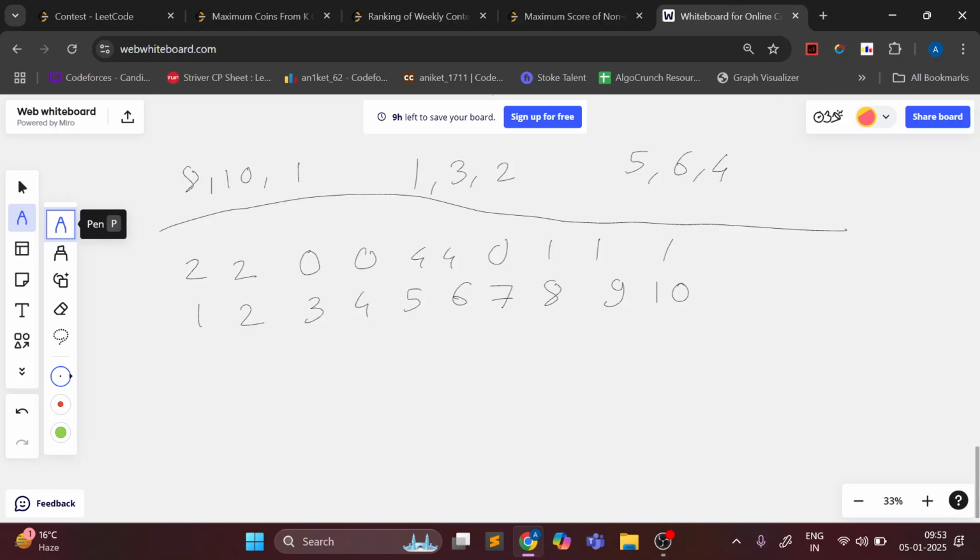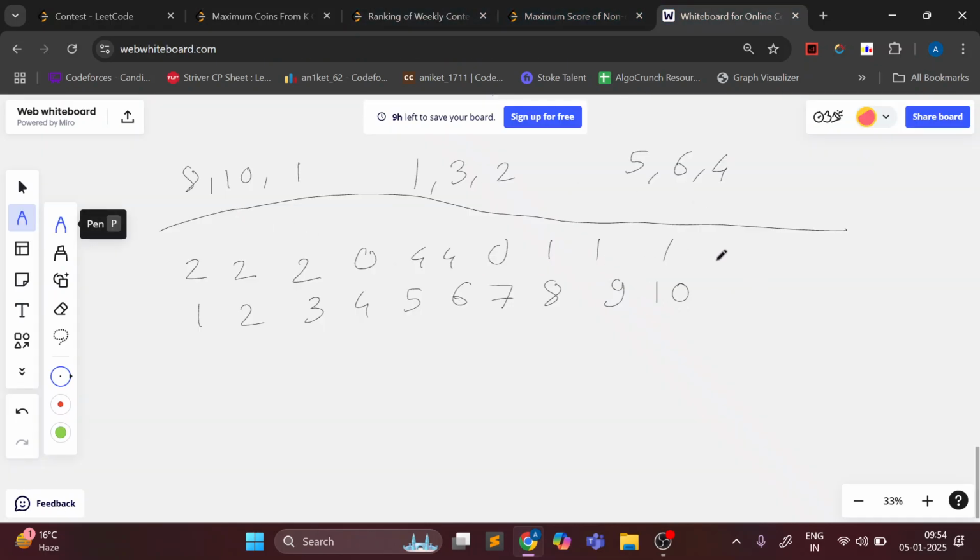So 1, 2, 3 bags have 2 coins. 5, 6 have 4 coins. Let me just confirm 5, 6 here.